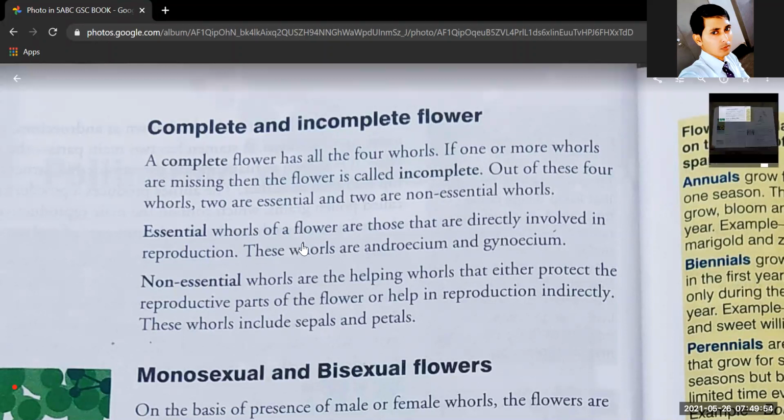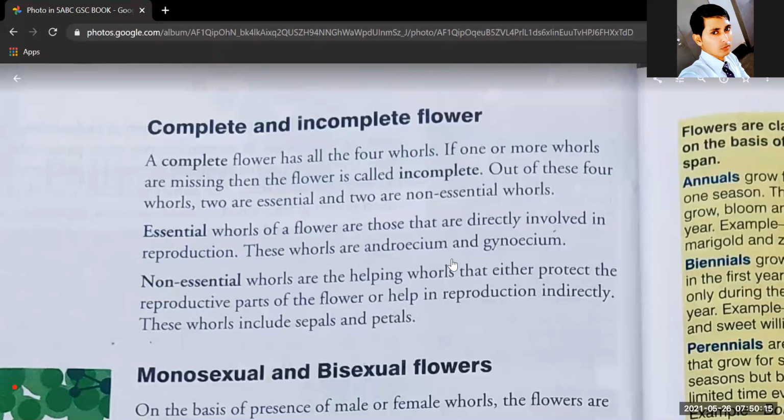Essential whorls of a flower are those that are directly involved in reproduction. Essential means important. These whorls are Androsium and Gynecium.